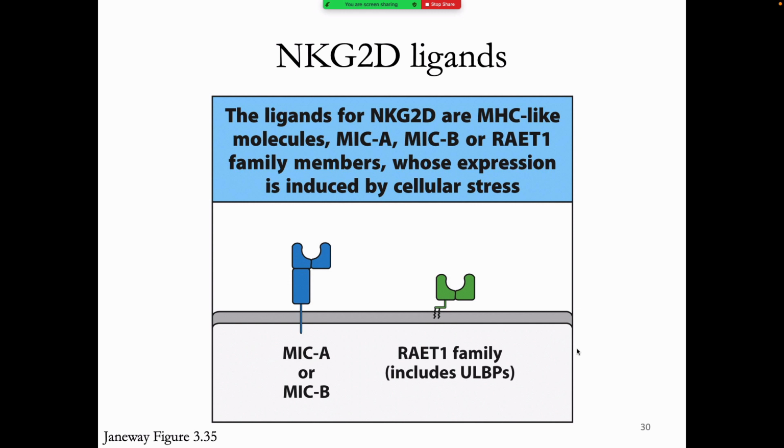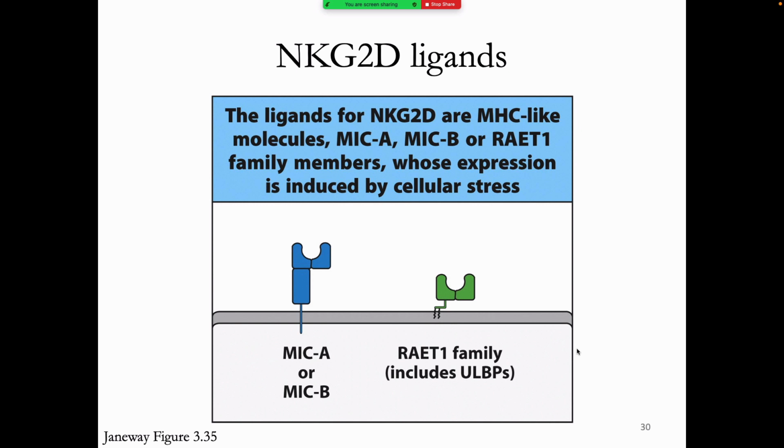If the cell is damaged in some way, it might make cell stress proteins. If we are talking about a tumor cell that is replicating super fast and super out of control, it might make some cell stress proteins.